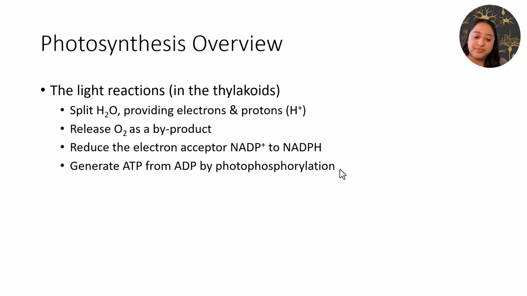That's a slight difference between cellular respiration and photosynthesis. One of the electron carriers here is NADP plus, so there's an extra phosphate. When it gets reduced, it's reduced to NADPH. And then the light reactions also generate ATP from ADP by this process called photophosphorylation.